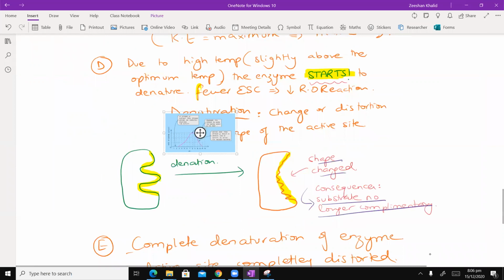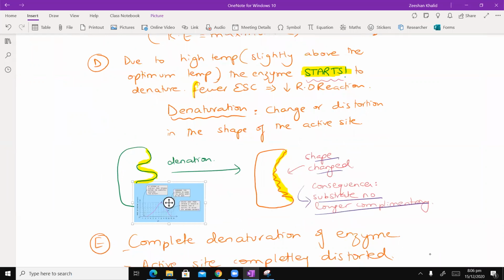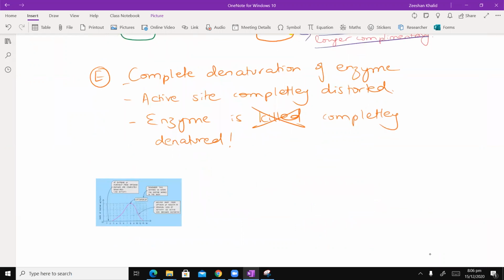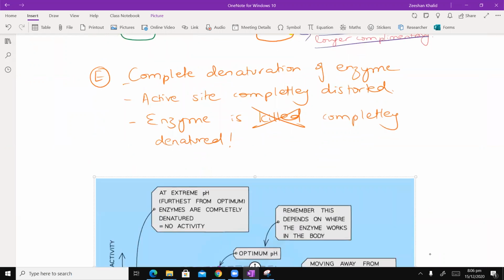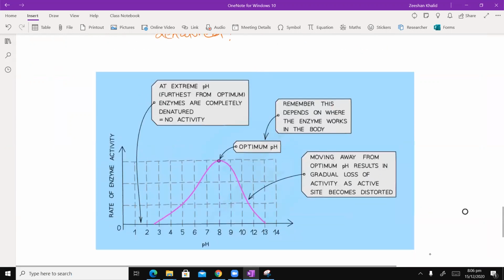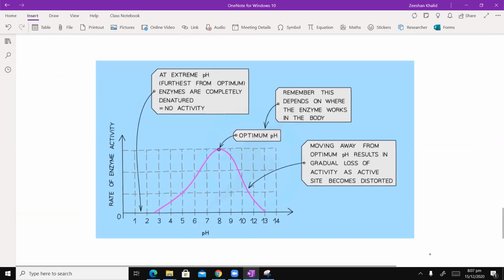Okay, so this is the graph that shows what happens at different pH.